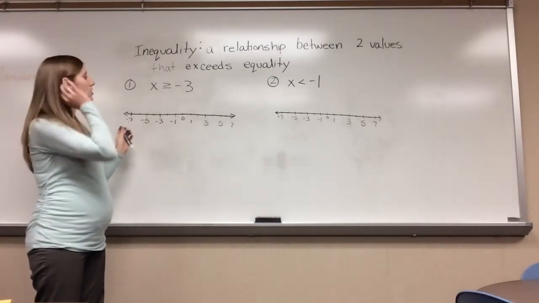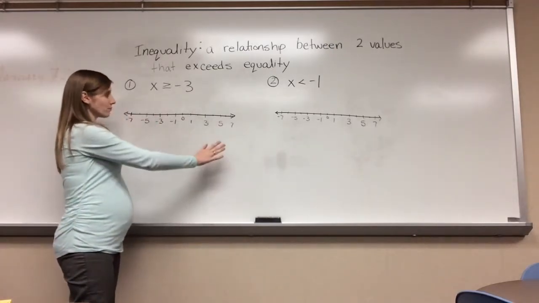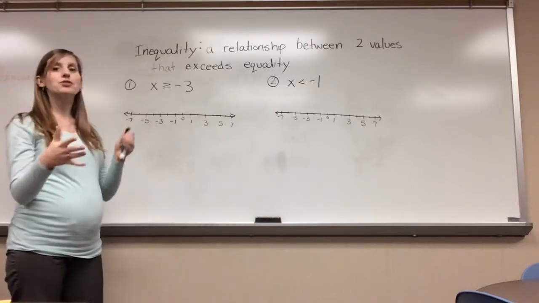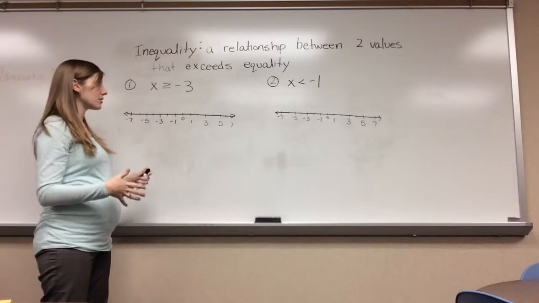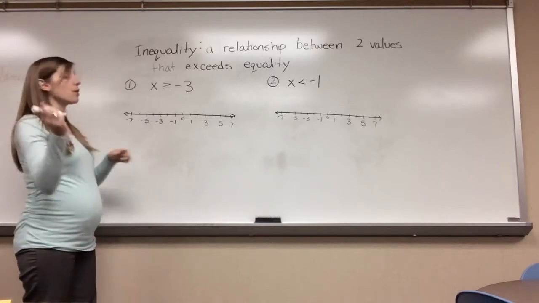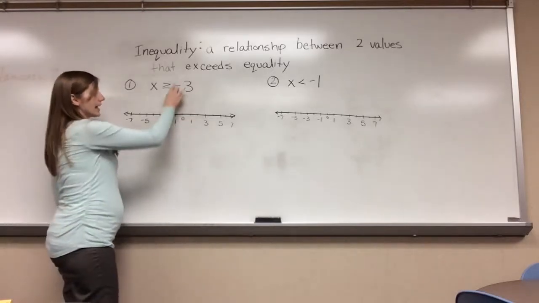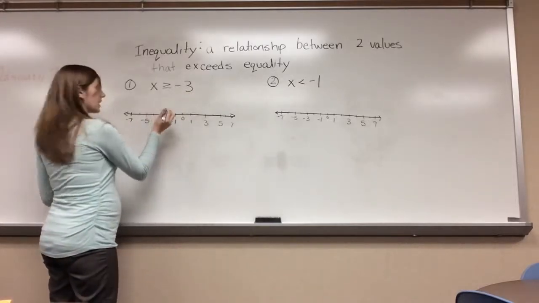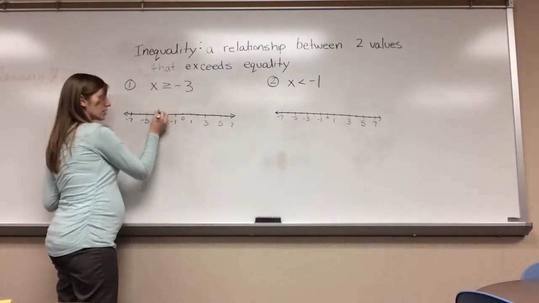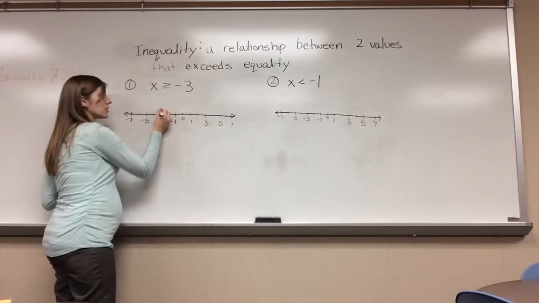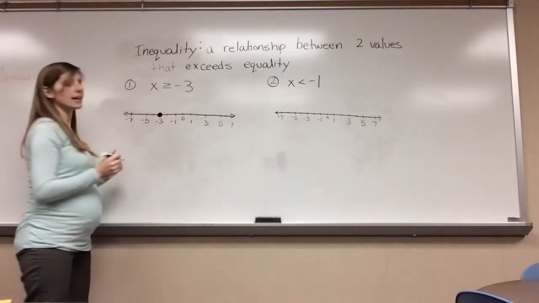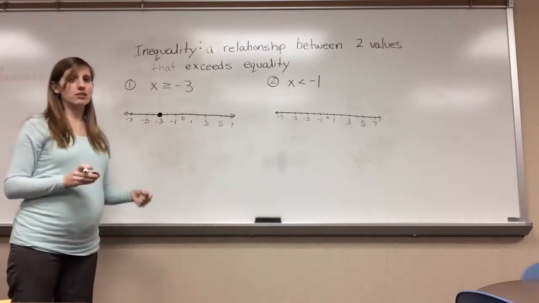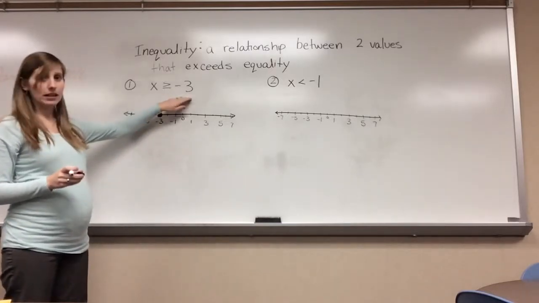So we actually are going to graph the answer for this inequality on a number line and have a visual representation of what those answers look like. All right, so we are going to start at -3, because that's the number we're given. We'll start at -3, which is right here on our number line, and we're actually going to just put a dot there, okay, a nice filled in dot, because -3 is part of the solution for this inequality.